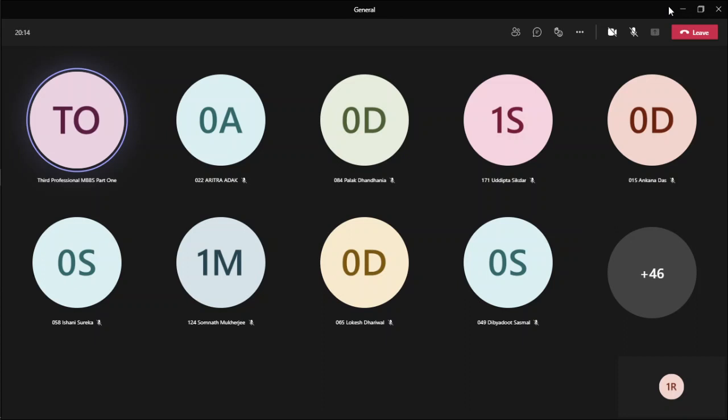Anyone, what history should you take? As it is a virtual class, I could not see the immature or mature cataract, but you should tell me the difference between immature and mature. Anyone?